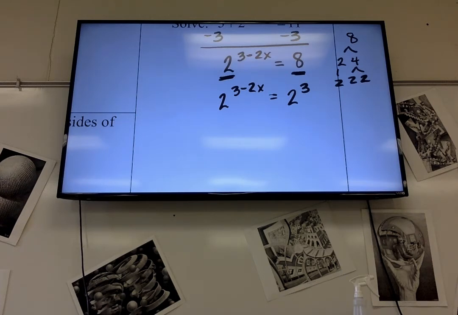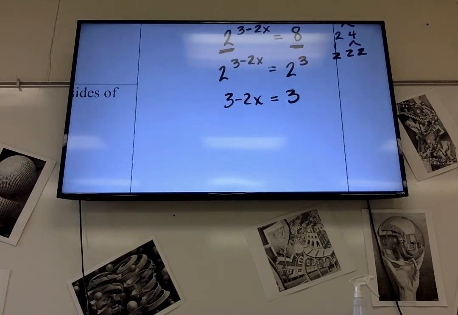Since the bases are the same, the exponents have to be the same. Solve this, subtract the 3, you get negative 2x equals 0. Divide by negative 2, x is 0.